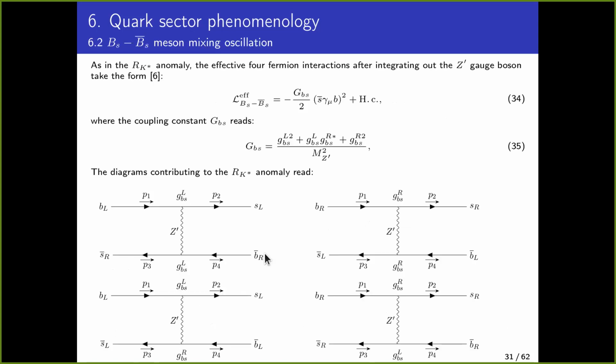The next observable we will consider is the PS measurement mixing oscillations. The effective PS measurement oscillation takes this form, and this coefficient can be written this way, and we counted all polarized bases, which is mediated by the Z prime at tree level.